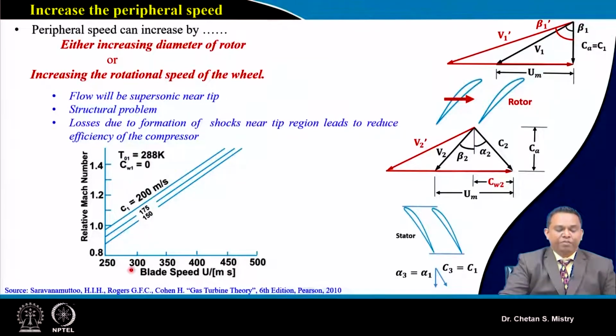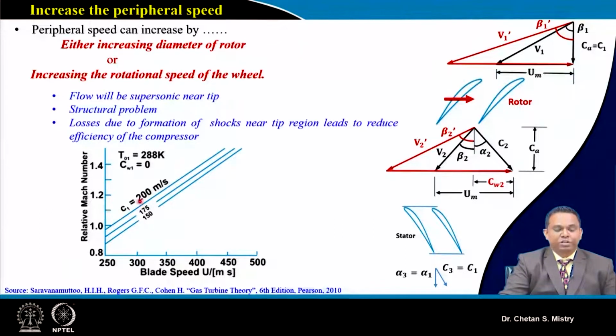If we are increasing our blade speed for a particular absolute velocity, our relative Mach number is going to be increased. That means when we are opting for a higher peripheral speed, we need to go with a higher Mach number. There is no alternative to that. Now we need to find the solution for such kind of problem.